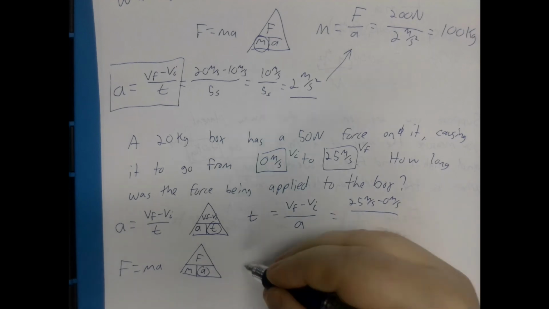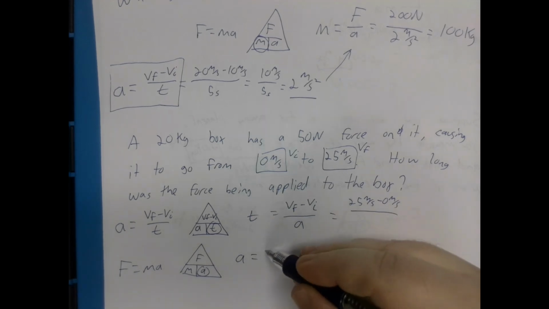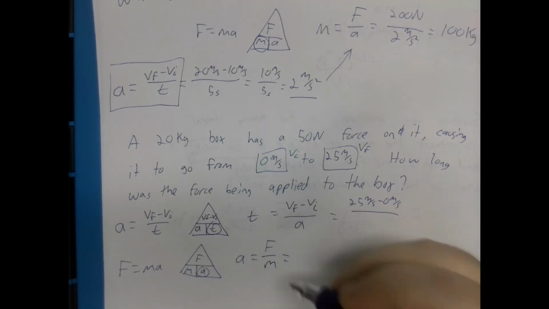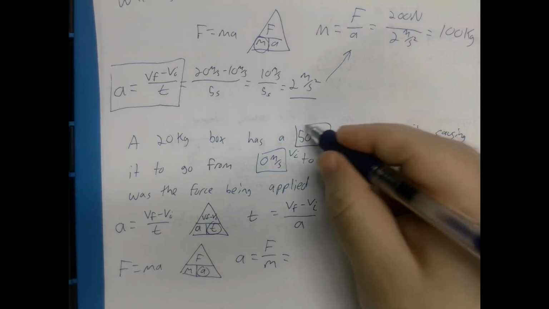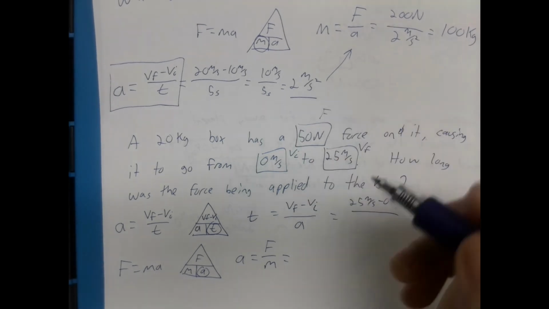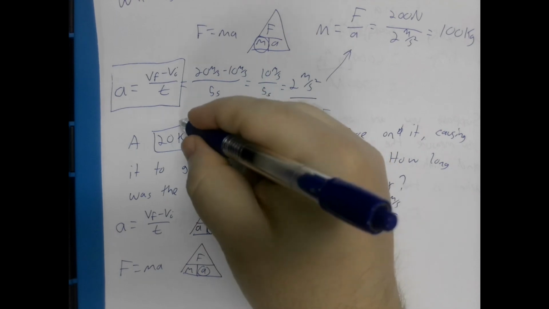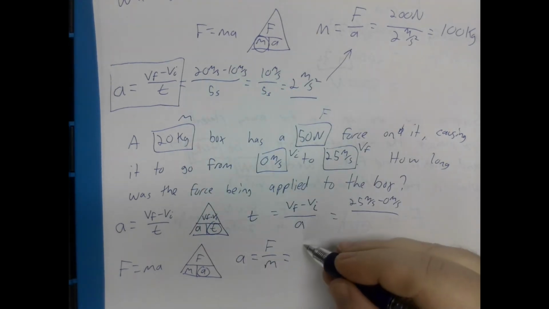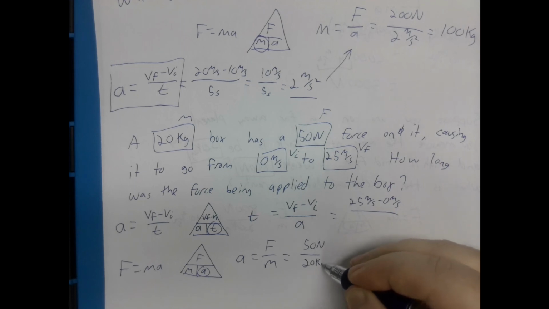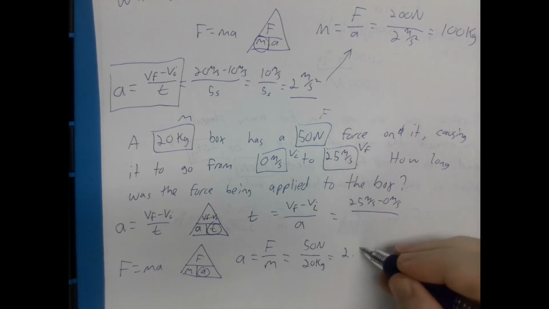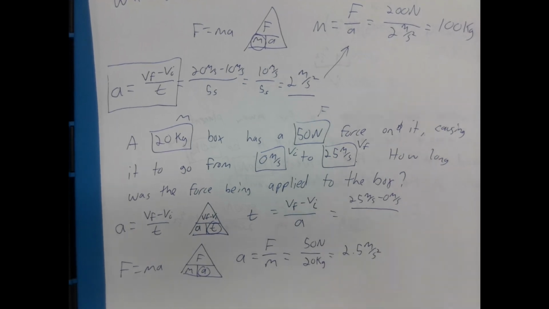Solving for acceleration, acceleration is equal to F divided by m, or force is 50 newtons, our mass is 20 kilograms, so that'd be 50 newtons divided by 20 kilograms, or 2.5 meters per second squared.